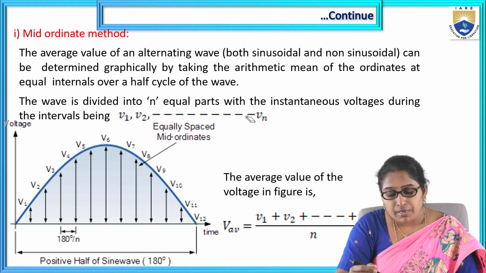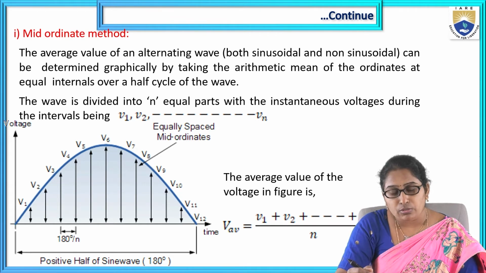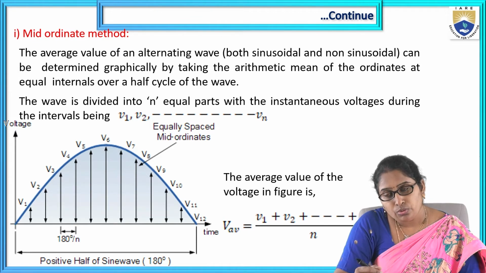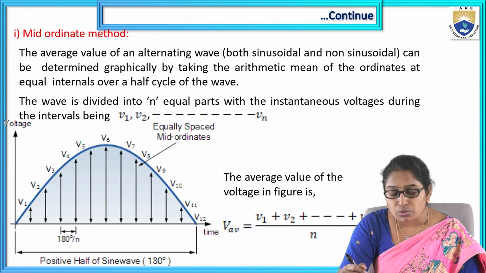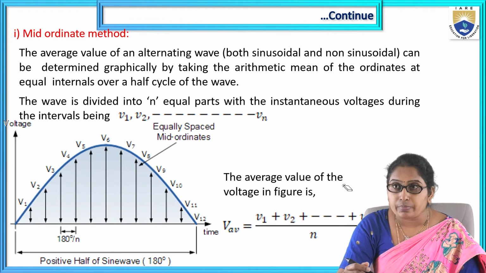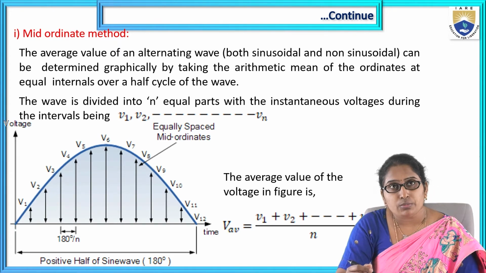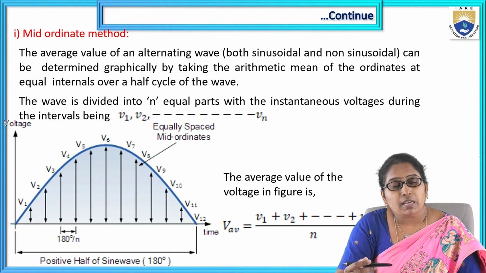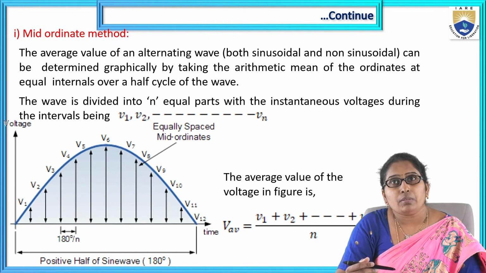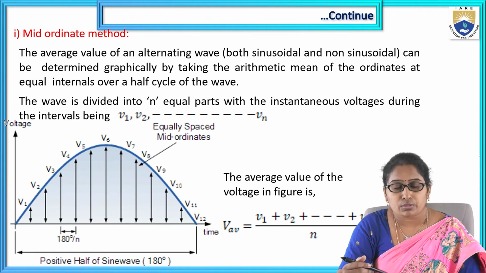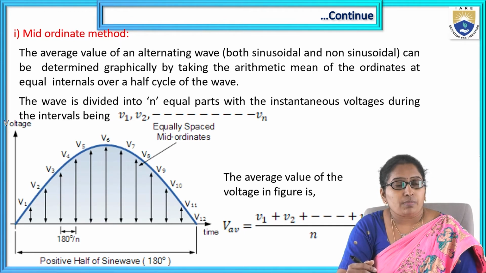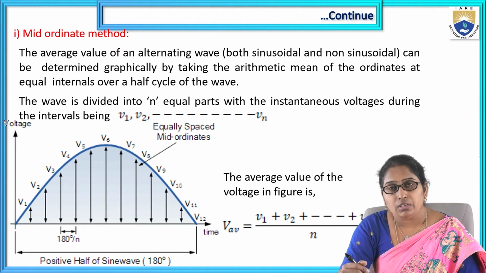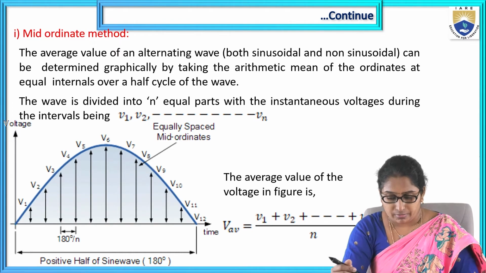Now, the average value of the voltage: V average is equal to V1 plus V2 plus and so on up to Vn, divided by n. It is determined graphically by taking the arithmetic mean of the ordinates.